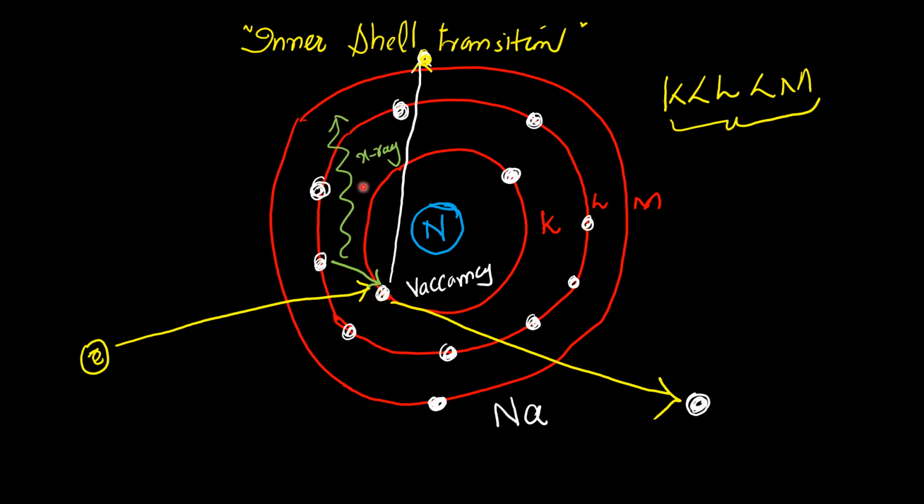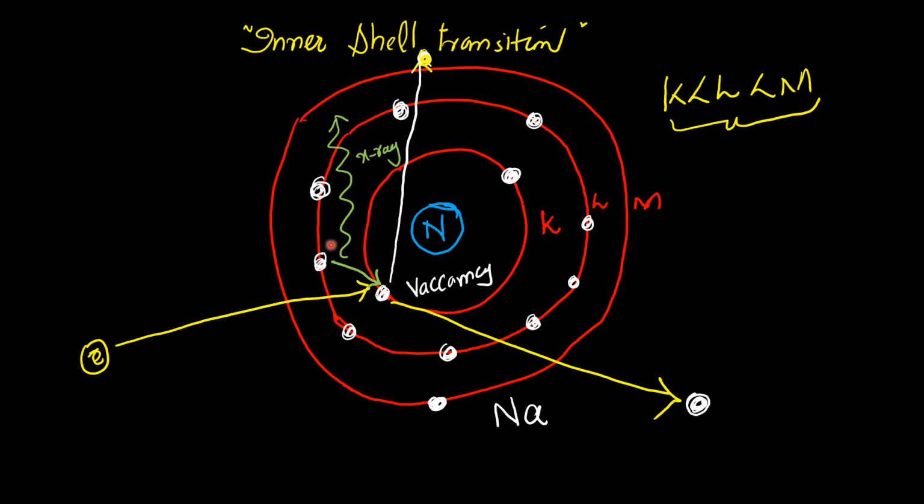The reason is quite simple: the electron at the L shell has higher energy than the electron which is present in the K shell. In order for the electron to jump from L shell into K shell, the electron is required to remove some amount of energy. And whenever the energy of the L shell electron reaches the energy of the K shell electron, then in that situation the electron from L shell will jump into the K shell.